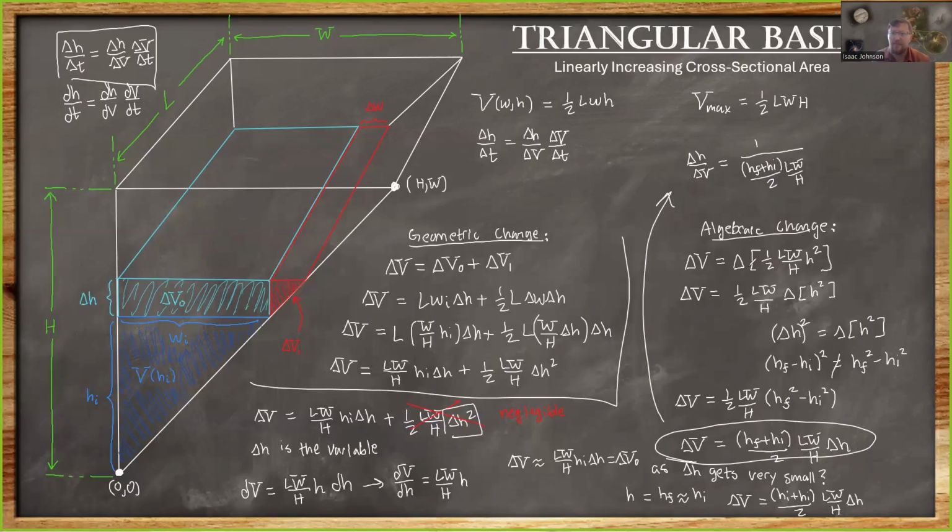Then delta V over delta T is set by the faucet, so that we can vary it. That's fine. And we're trying to see if it equals delta H over delta T.